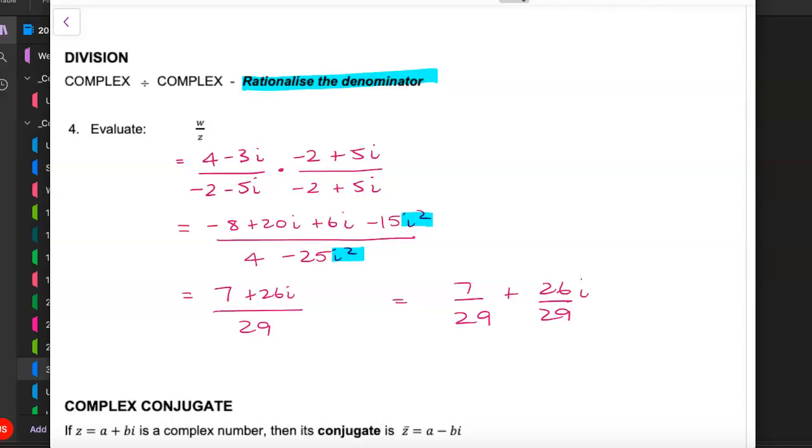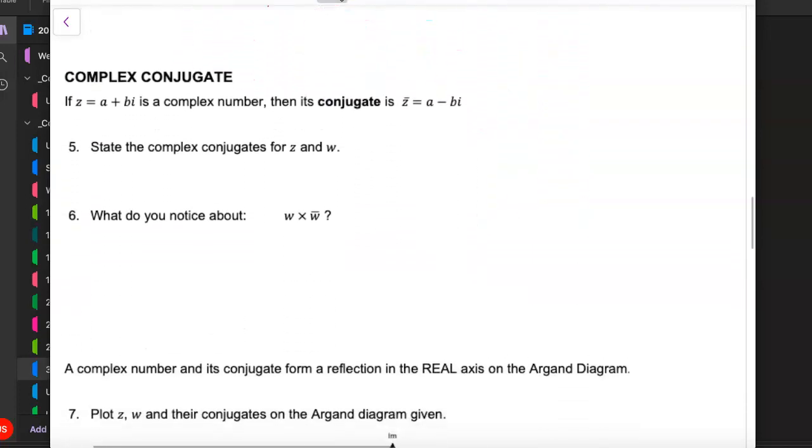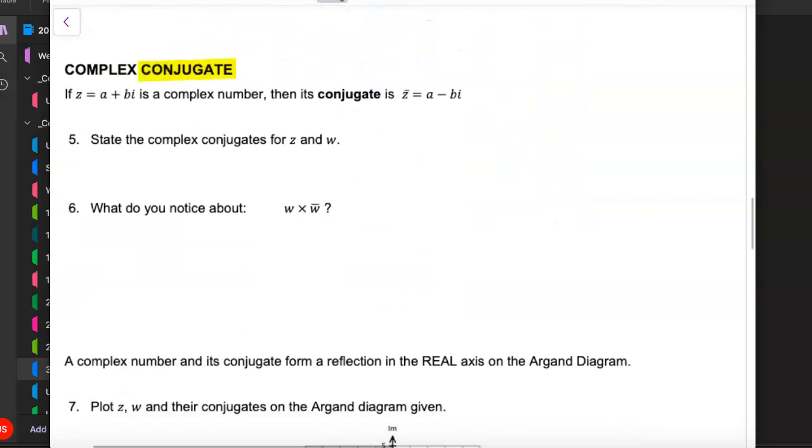So we have something called the complex conjugate, and we've actually seen this used when we're rationalizing. The complex conjugate, or the conjugate, is simply the opposite value, or the negative value, I should say, of the imaginary part of our complex number.